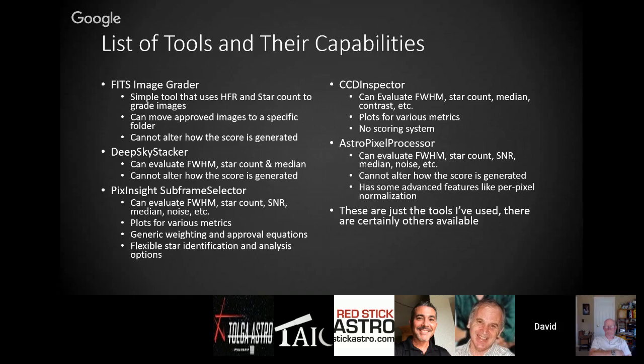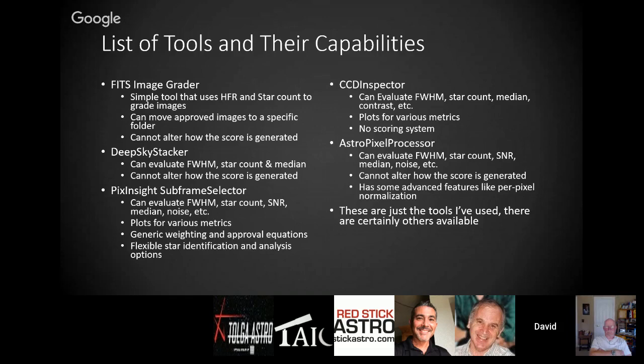There's flexible star identification and analysis options, so it has PixInsight's star detection, which is part of their registration algorithm. So you have flexible options if you have images where stars are much larger than typical or things like that, so you can change those, right?